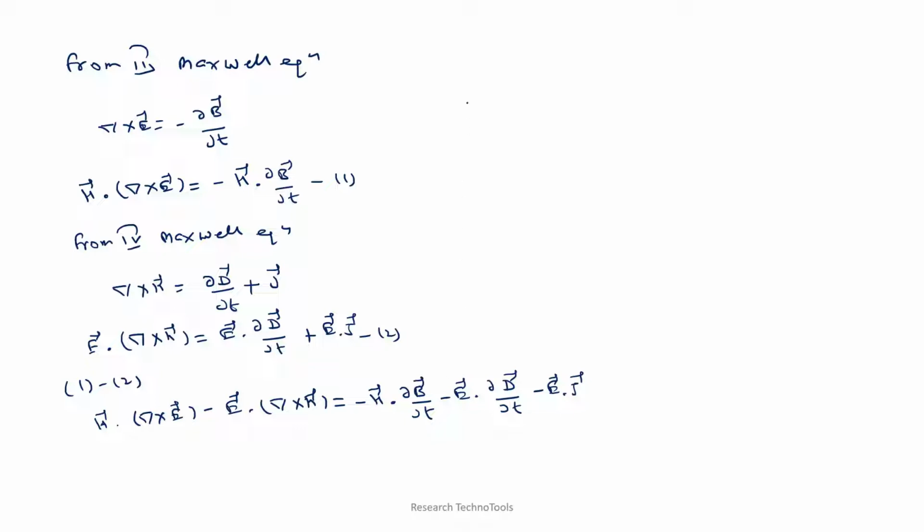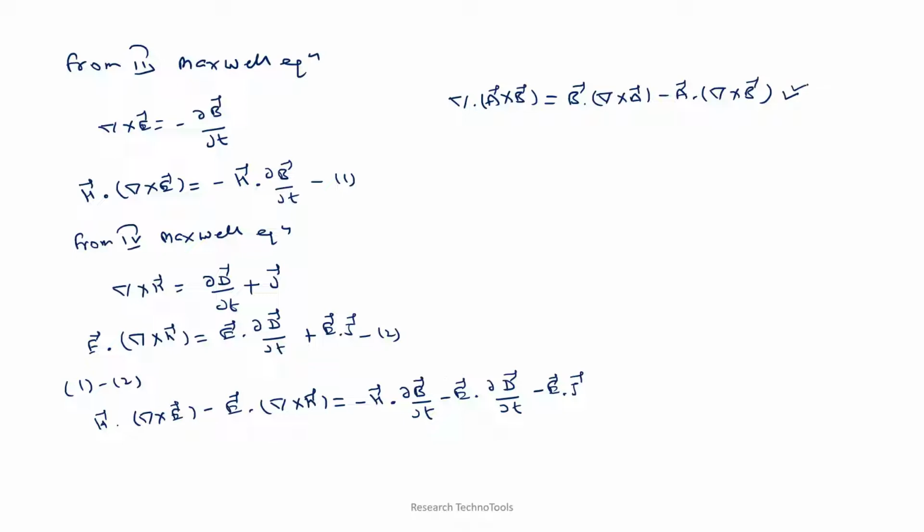Now we have a vector identity: del dot A vector cross B vector equals B vector dot del cross A vector minus A vector dot del cross B vector.